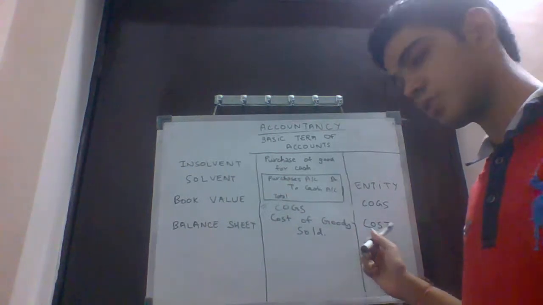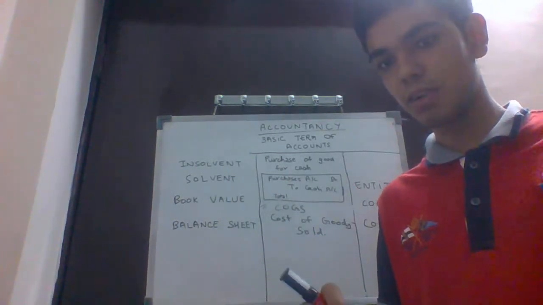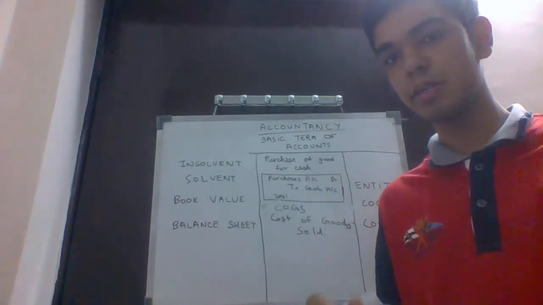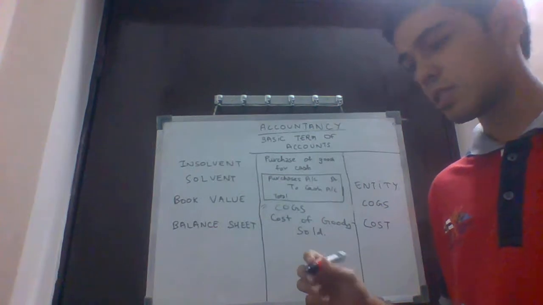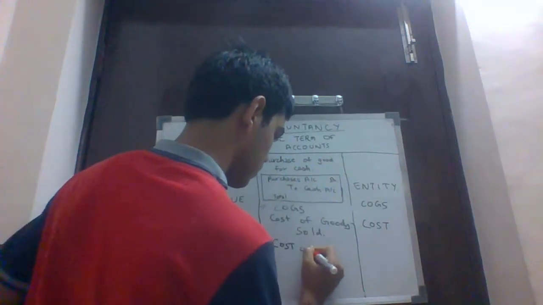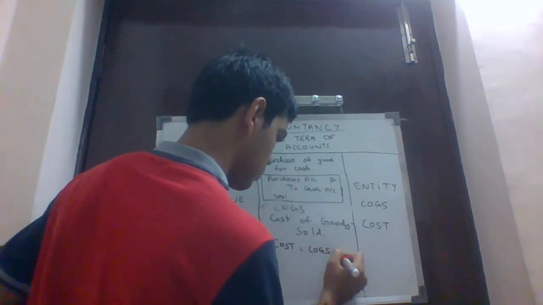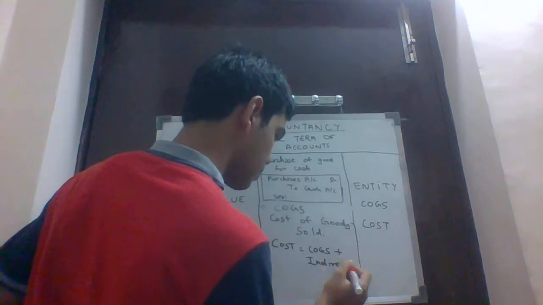So cost is equal to COGS plus indirect costs.